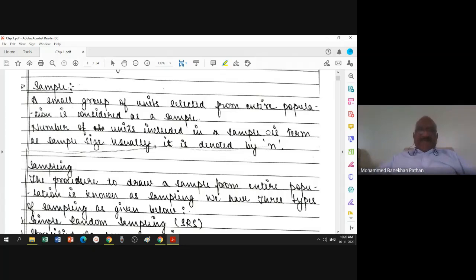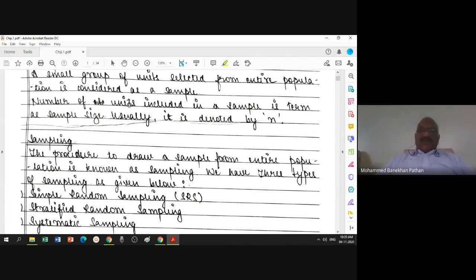So what is a sample? It is a small group of units selected from the entire population. The number of units included in a sample is known as sample size. Usually it is denoted by small n.